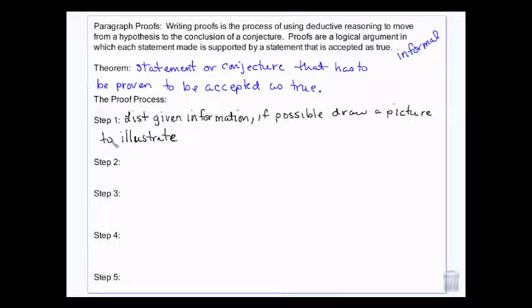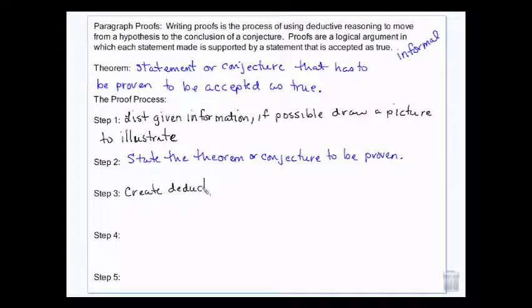Okay. The statement, or step 2, is to state the theorem or conjecture to be proven. Okay. So we want to tell what it is that we're trying to prove. Step 3 is to create the deductive argument. Okay. We're going to form a logical chain.